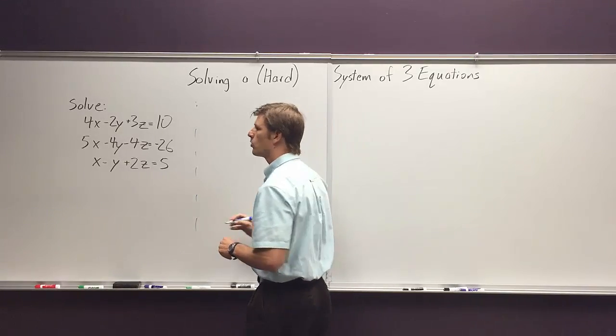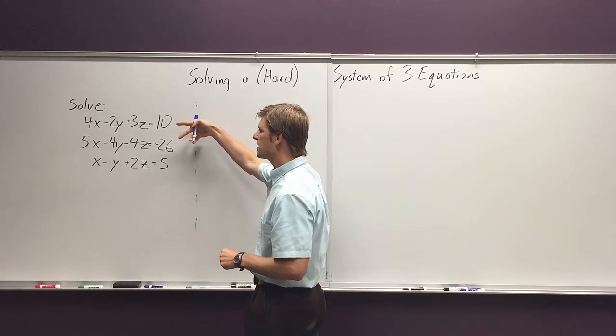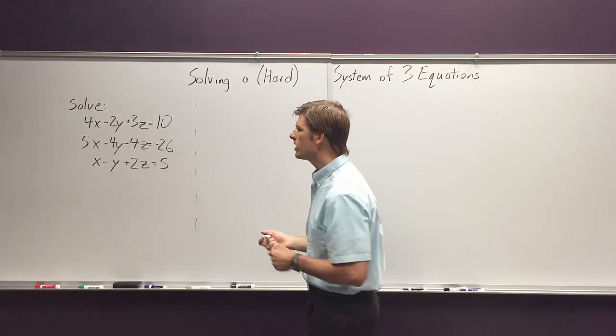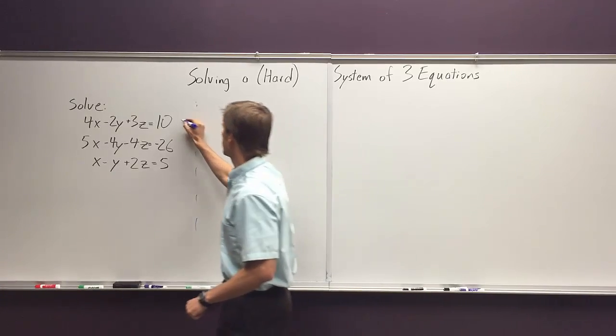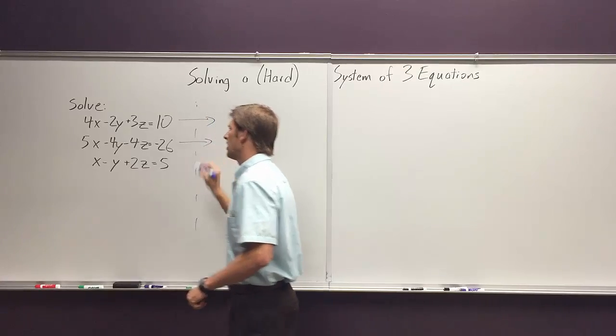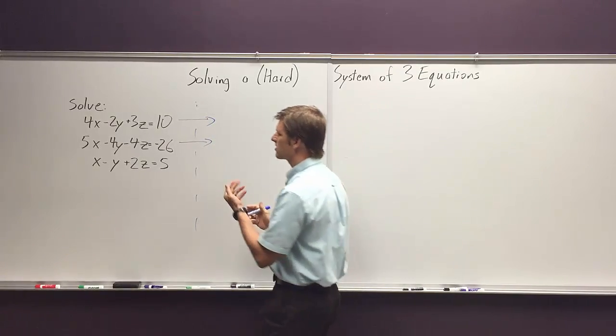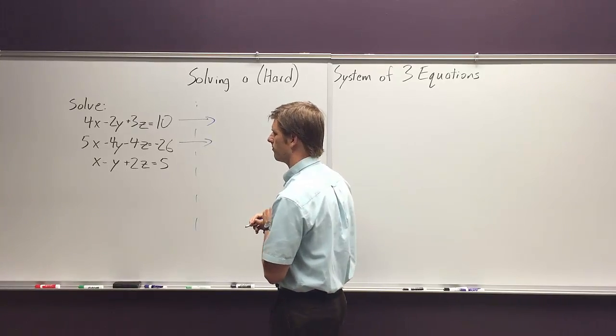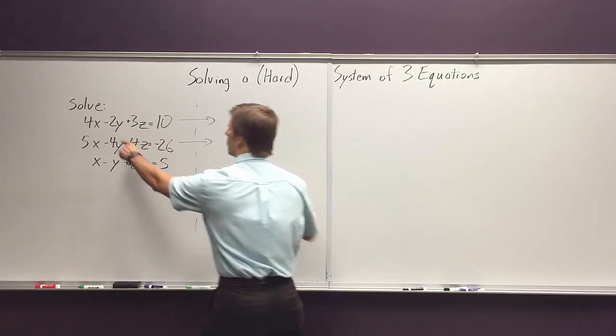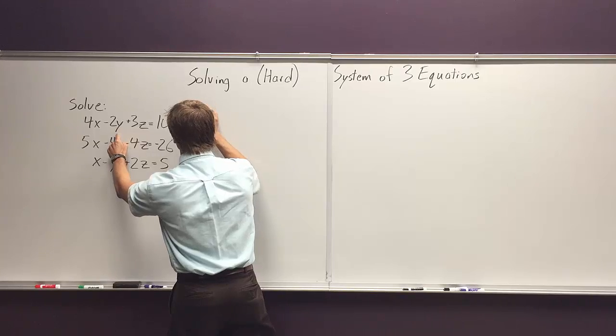Now remember, with systems of two equations, you're just taking any two equations, multiplying one of them or both of them by something to get rid of something. So I look at these two and I say, is there something convenient I could multiply one by to cancel? What if I multiply the top one by -2?